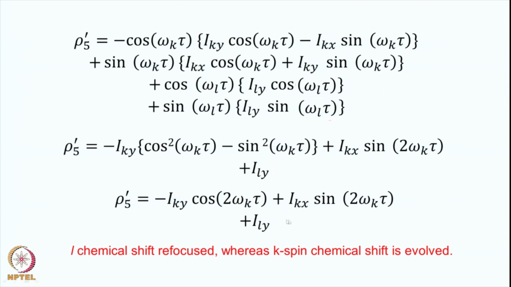You do not see any term remaining here which contains omega L. Therefore, when I apply a 180 degree pulse only on the L spin, chemical shift is refocused, but the K spin chemical shift continues to evolve for the whole period 2 tau. Therefore, I have here, starting from my IKY, it was minus IKY, therefore I have minus IKY cosine 2 omega k tau plus IKX sine 2 omega k tau. So, L chemical shift is refocused, whereas K spin chemical shift has evolved.